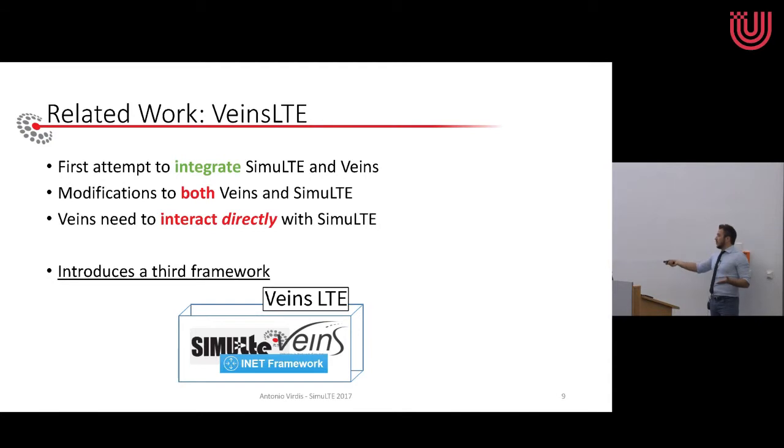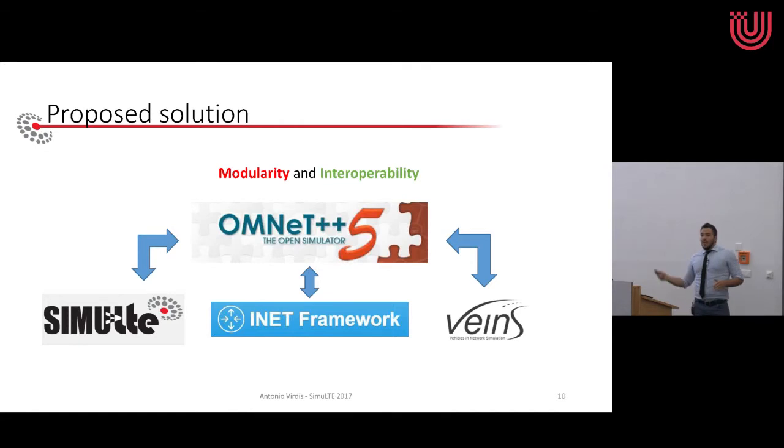Any modification to any of those three frameworks cannot be incorporated automatically and will need a newer version of the whole framework as well. So our idea is to focus on those two elements, which I think are the most important and maybe the best elements within OMNeT, which are modularity and interoperability.